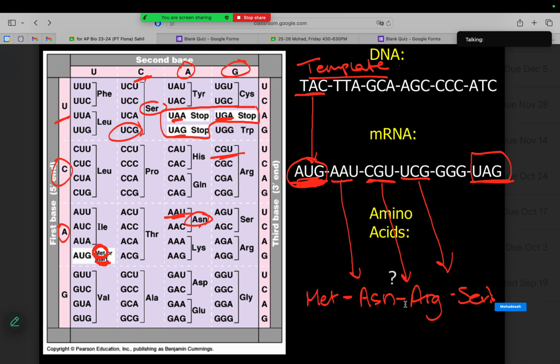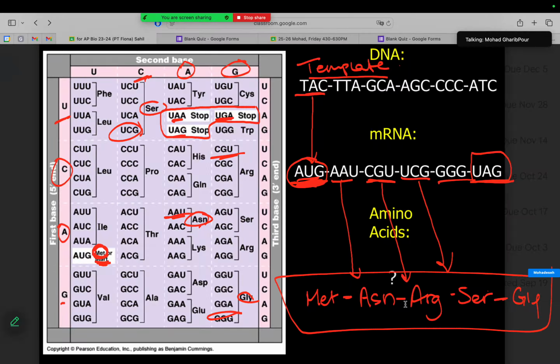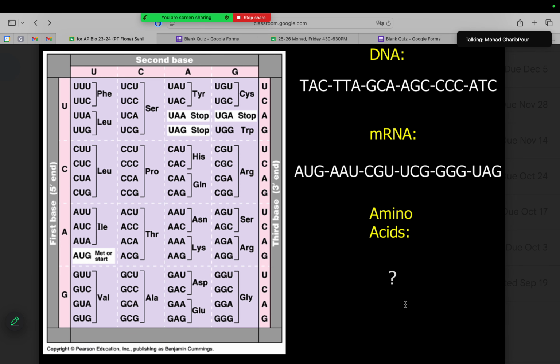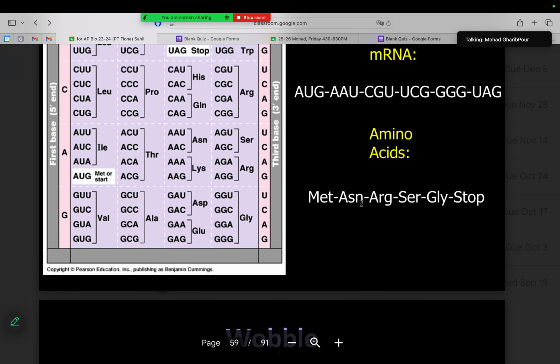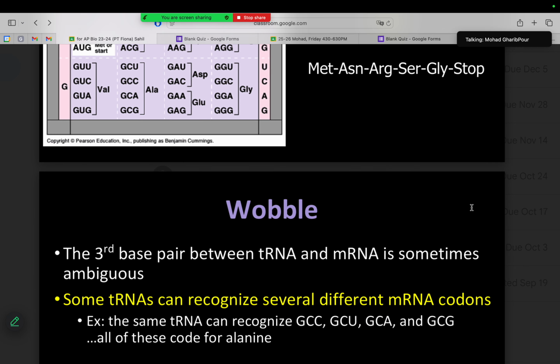Okay. And then GGG. And then the last one is just a stop codon. So this is your final amino acid sequence. So there you go. Methionine, asparagine, arginine, serine, glycine, and then stop. You don't write this there. I don't know why that's there.